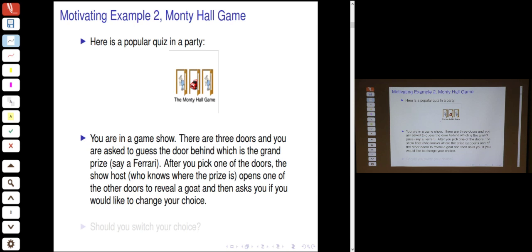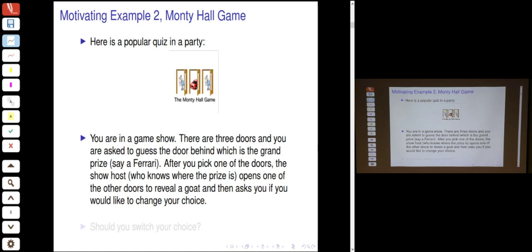So the game, the problem is like this. There are three doors, and you are asked to guess the door behind which is the prize. There's a car and two goats or whatever.